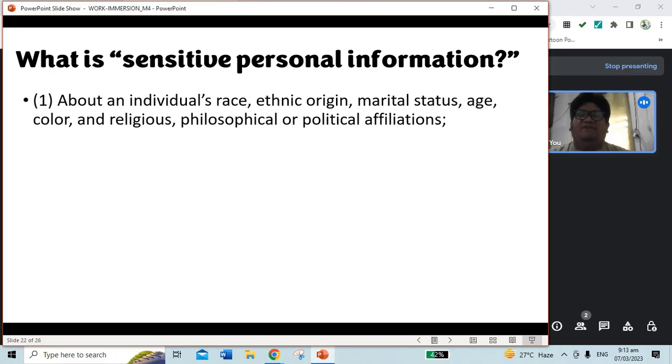So what is sensitive personal information? Una sa lahat ng mga topic, mga pag-uusapan dito, dahil sensitive personal information sila, kaya dapat careful ka sa mga sinasabi mo about this. Okay, ano-ano yon? Number one, individual's race, ethnic origin, marital status, age, color, religious, philosophical, and political affiliations. Those are sensitive personal information.